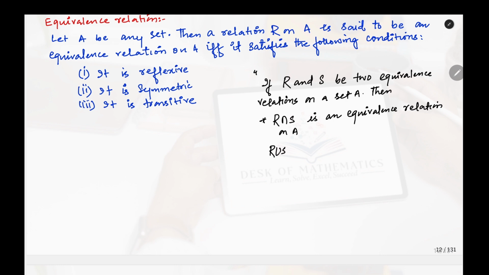And what about the union? The union of two equivalence relations may or may not be an equivalence relation. So this is a result, and we will not go through the proof.